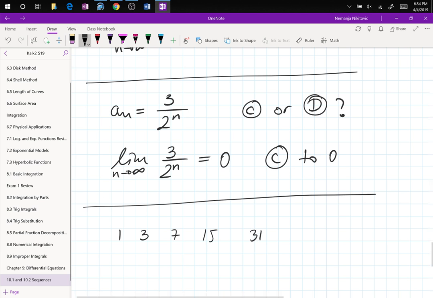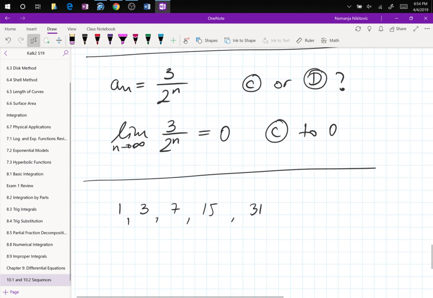What can you tell me about this? 1, 3, 7, 15. You guys, you're getting it. It's not 2 to the n plus 1? You are so close.